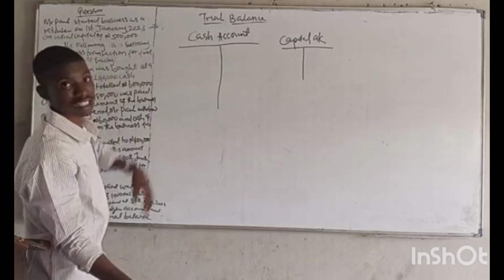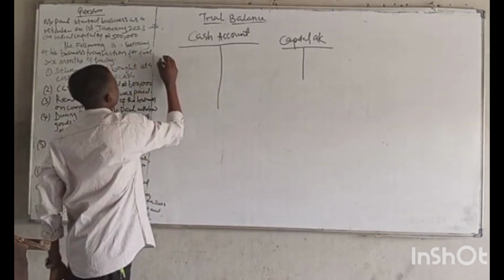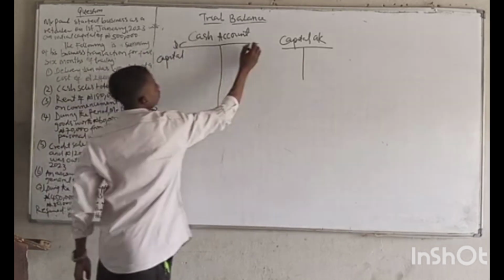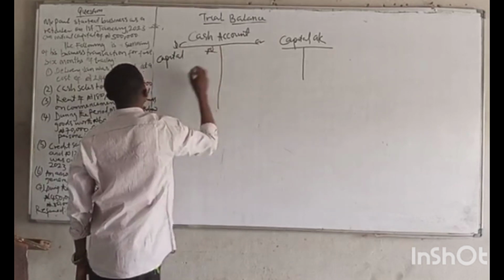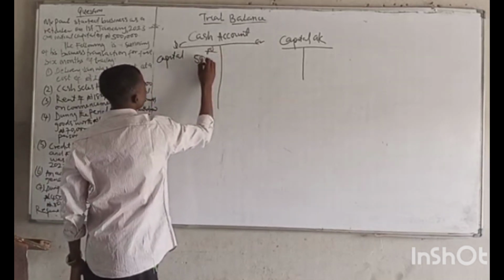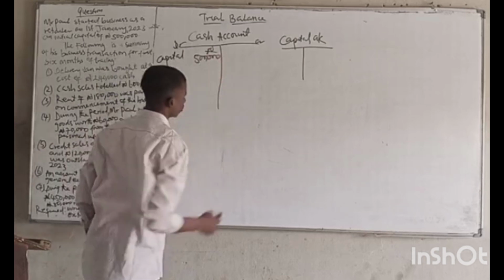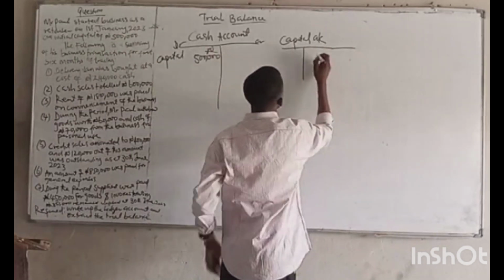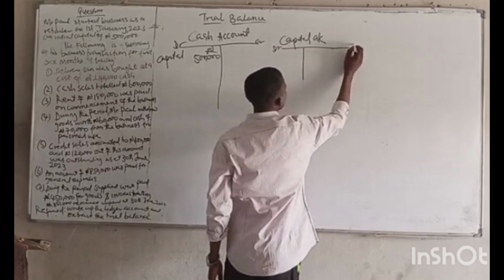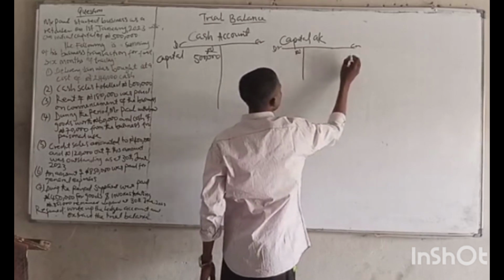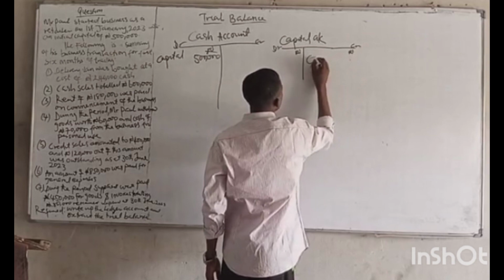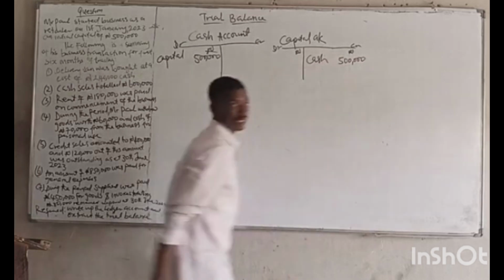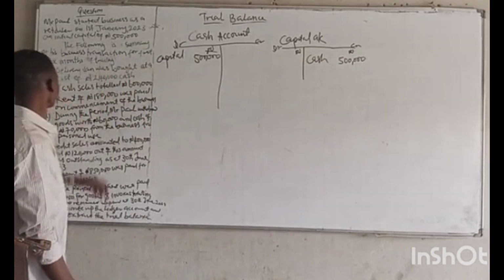So you debit the cash account in the name of capital, put your naira sign, and the amount is 500,000 naira. Then when I come over to the capital account, I will credit it in the name of cash, put your naira sign, 500,000 naira. This is for the first transaction.